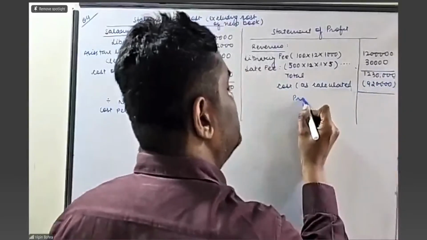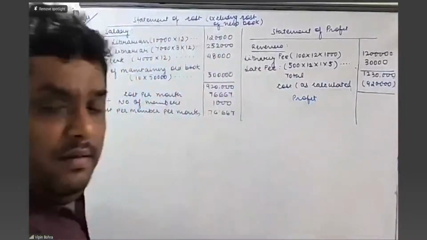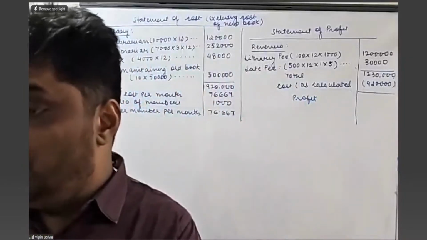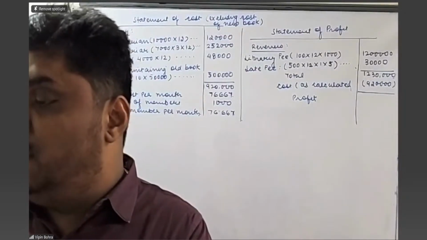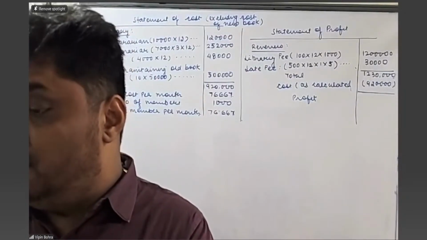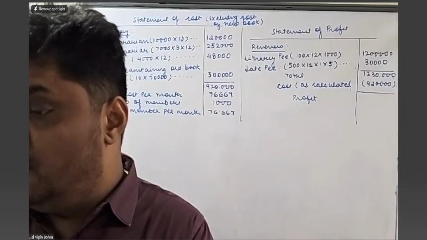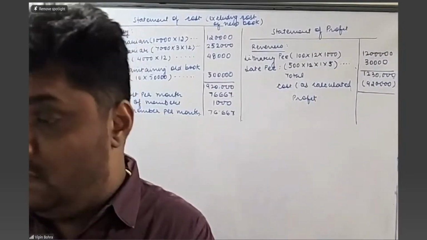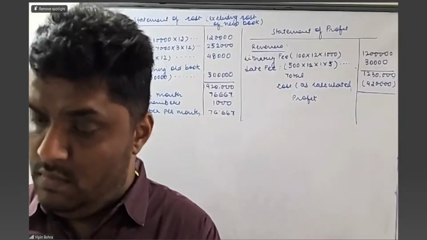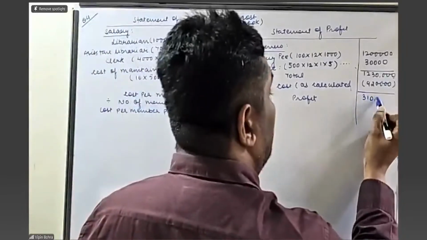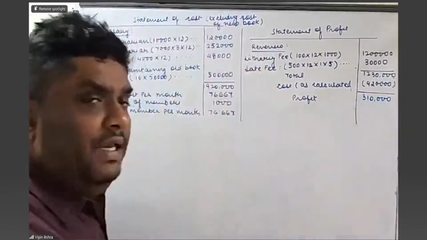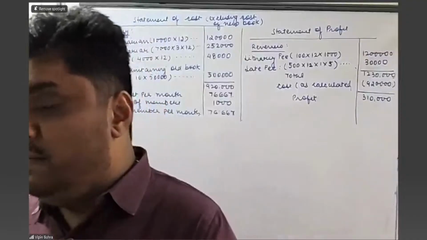So profit, how much the profit library is making? The amount of profit that the library is earning is 3,10,000. This is the net income of the library every year.